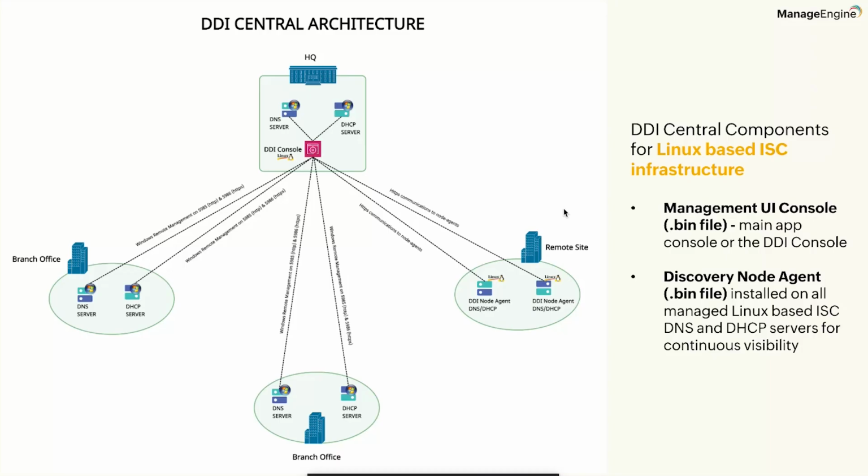Even if you're moving out from a particular appliance based solution like Efficient IP or Infoblox, you would be providing us physical servers, as we are a software-based solution. So we would need certain servers from your side.